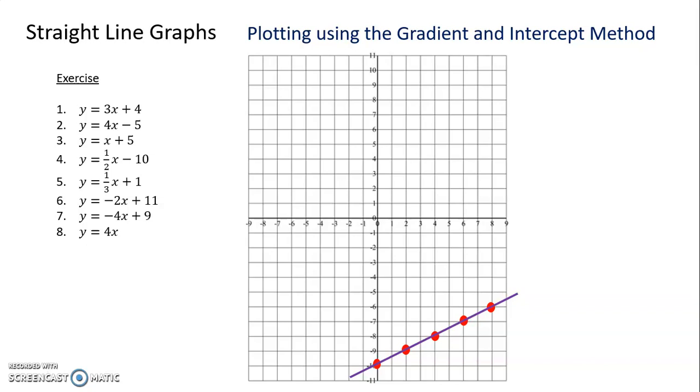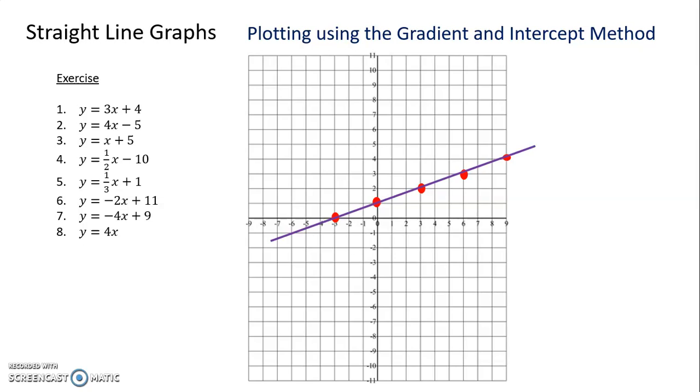Next, question 5, y equals 1/3 x plus 1. So intercept is at 1, and this time along one, up 1/3 of a square on the y-axis. So that means to go up a full 1 on the y-axis, I'm going to need to go along 3. So I'm going to have something like this, and then join those up to make a nice straight line.